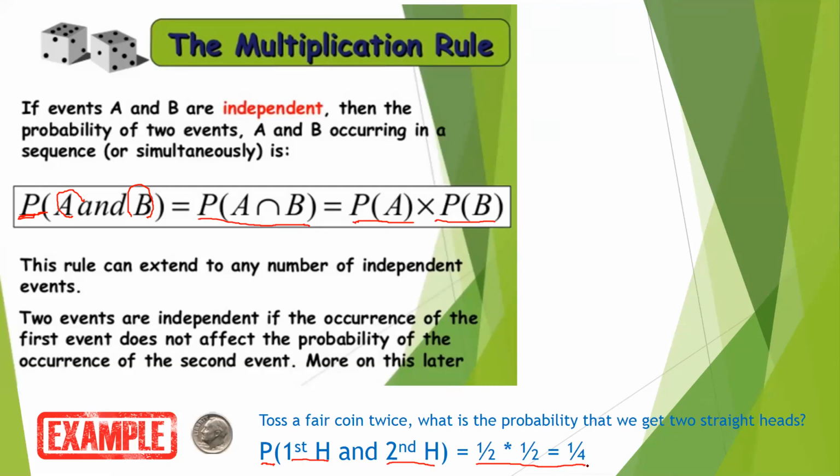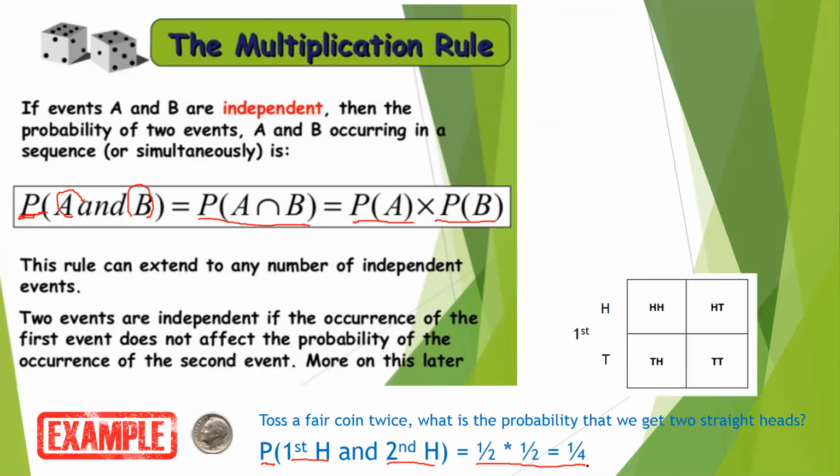But what is the logic behind? We can use the square as well. This time we can utilize this beautiful square in this situation as well. If you look at the y-axis here, this shows you the possible outcomes from the first toss. If this is a fair coin, you have an equal chance to get a head or tail, right?